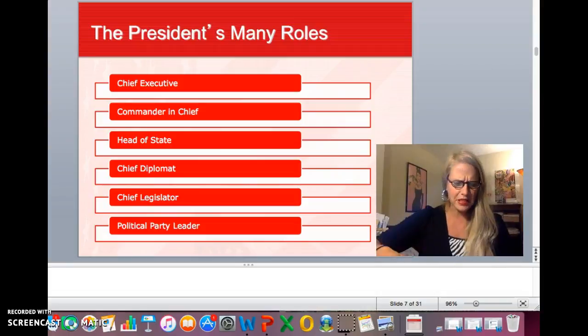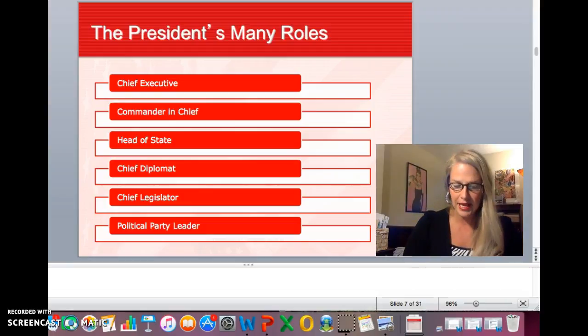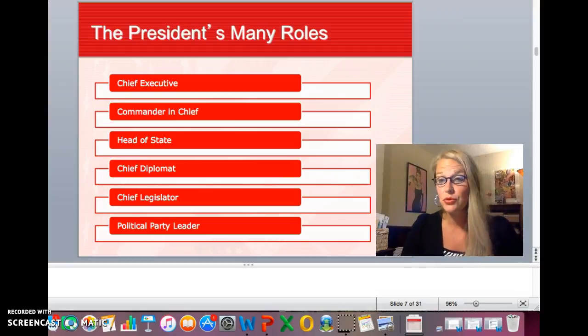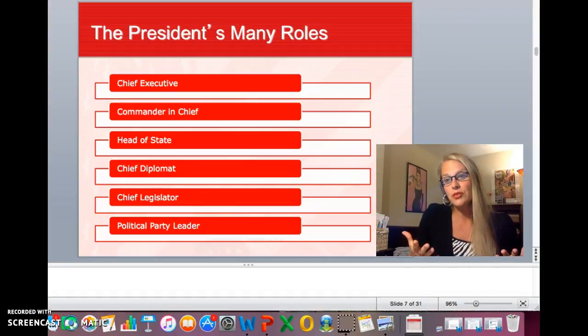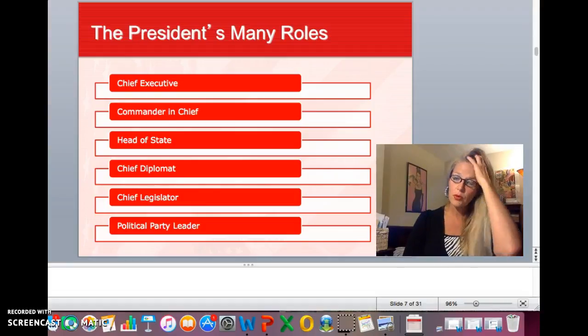The president's many roles. I really like this section on the president's many roles. I loved page 268, where it has a picture of Woodrow Wilson throwing out the first pitch on opening day for MLB baseball in 1916. And they asked which one of the president's roles this would have been: chief executive, commander-in-chief, head of state, chief diplomat, chief legislator, or political party leader.